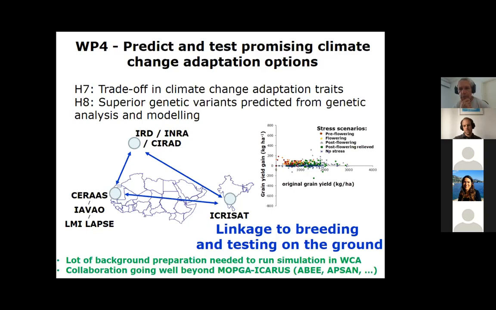Each of those data points is one in silico experiment that we did with the model, and there are about 700 of them in that graph across different stress scenarios. We ran the model in the regions where sorghum is cultivated. We took weather data from about 20 stations, and from about 50 to 70 years of information. So what you have here is a yield that is achieved by a standard cultivar.